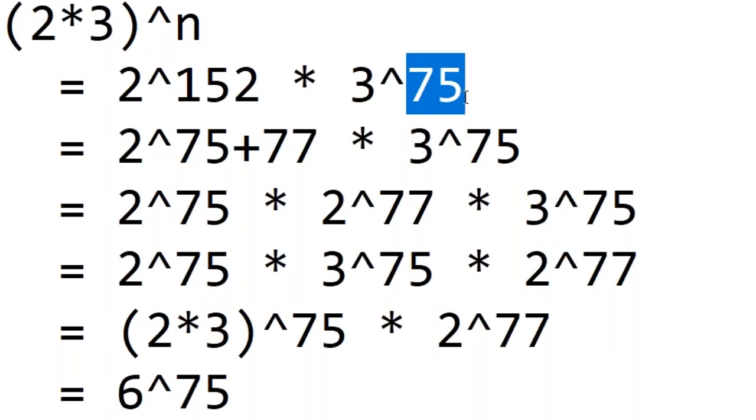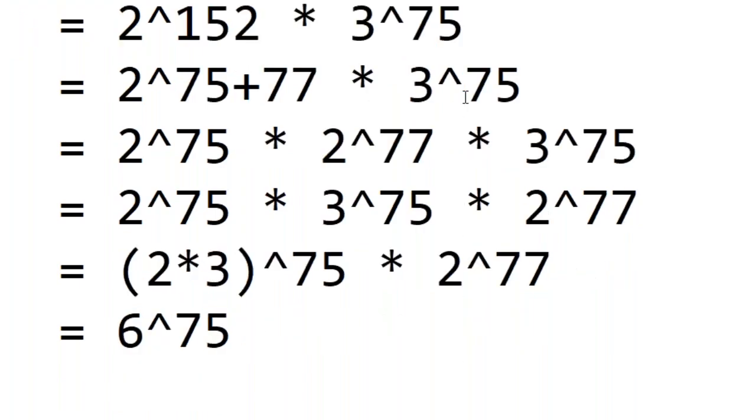152 and 75, which one is the minimum? 75. That 75 is the answer. Whenever we know the minimum power is the answer, always the minimum power is for which number? Always the minimum power is for 3. The higher number has the lower power, and the lower number has the higher power.